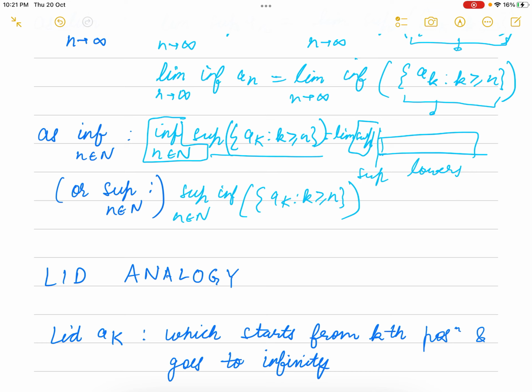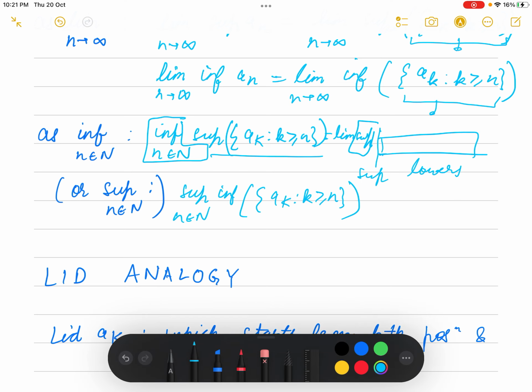That's why as n approaches infinity, this in turn becomes the infimum of all the supremums which we obtained over the natural numbers. Like if this is our set of supremums, as n approaches infinity, this set reduces in size, and we need to observe it until it attains a constant value, and the value so obtained is called the lim sup.